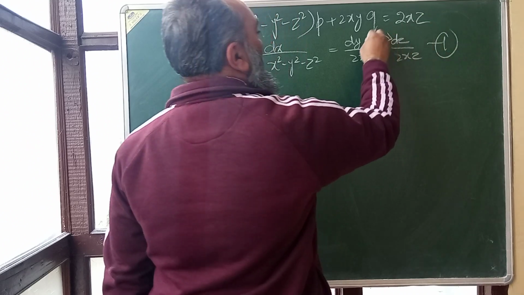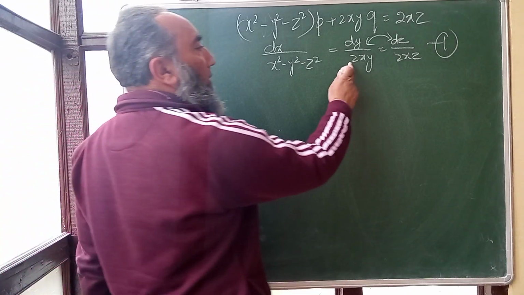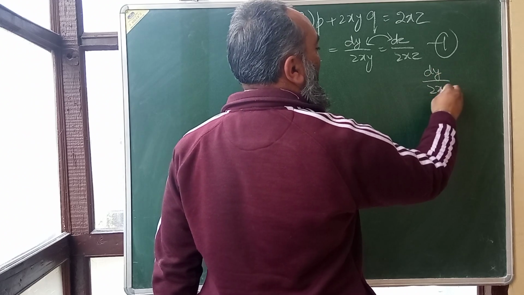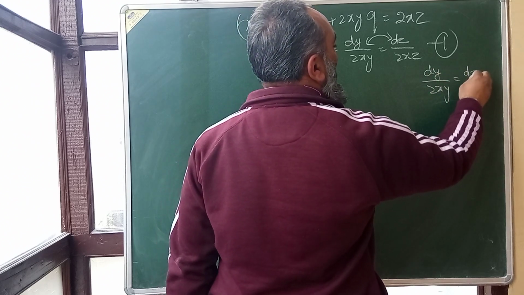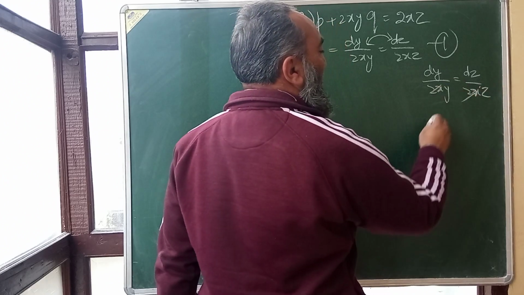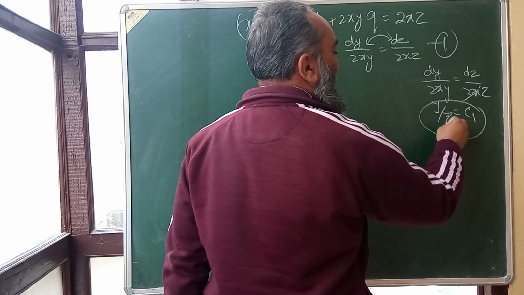You can now take the second and third fraction together. Taking the second and third fraction together, what will you get? dy upon 2xy equal to dz upon 2xz. So this gives us y by z equal to c1. This is the first solution.